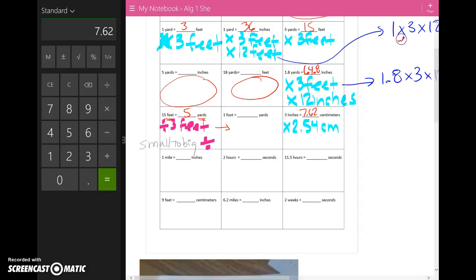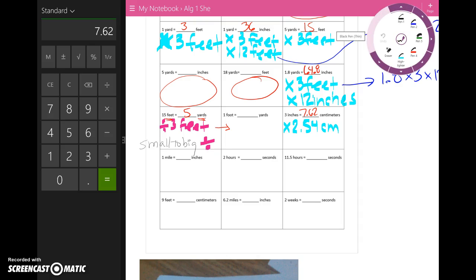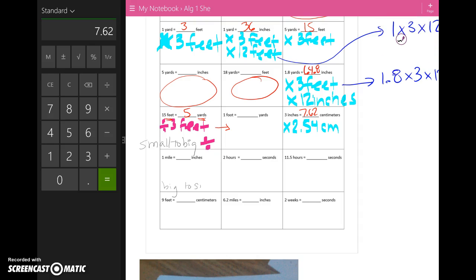Okay. So now we have an idea of how to do these. These next ones are going to be very similar. Now I'm not going to work these problems out, but I'll point out what's going on. This one, we're going from miles to inches, so that's going to be big to small. Hours to seconds, that's also big to small.